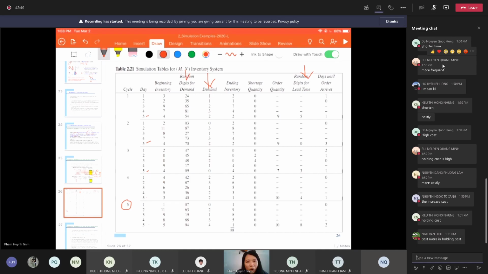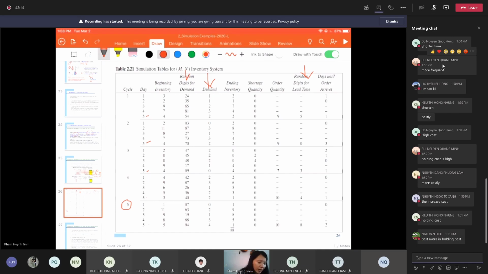Okay, so let's say we want to test whether this policy is good or not by looking at the average inventory in our system. You can convert the average inventory into money if you want. But in general, the higher inventory that we keep in our system is not good, because we have to suffer holding costs.